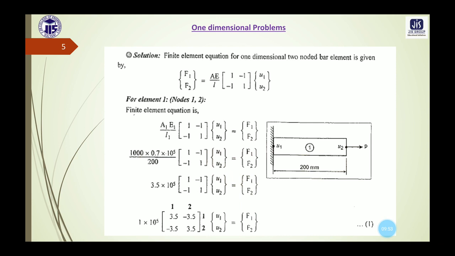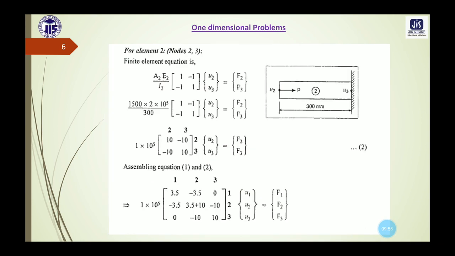In a similar manner we need to form the finite element equation for element 2 considering nodes 2 and 3. So the finite element equation we can write as A2 E2 by L2 multiplied by the symmetric matrix multiplied by the U1 and U2, that column matrix. This equals the force vector, which is F1 and F2 column matrix.